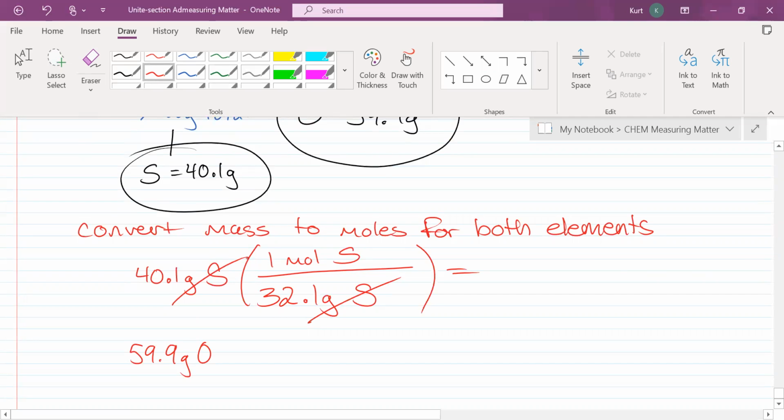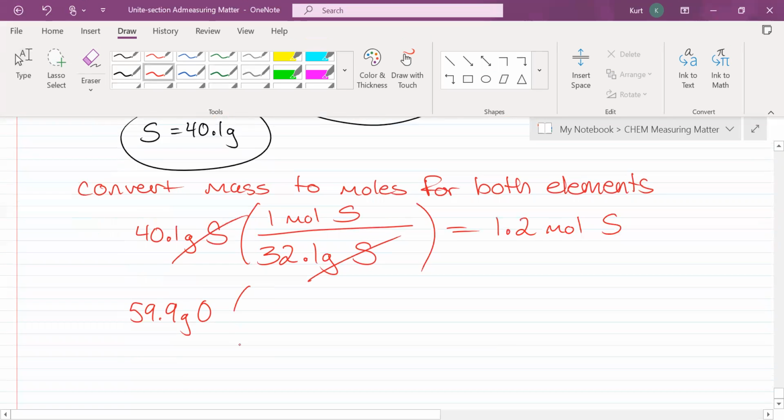Hey Siri, what is 40.1 divided by 32.1? 40.1 divided by 32.1 is about 1.2492. So we'll say 1.2 moles of sulfur. Jade, what is the molar mass of oxygen?